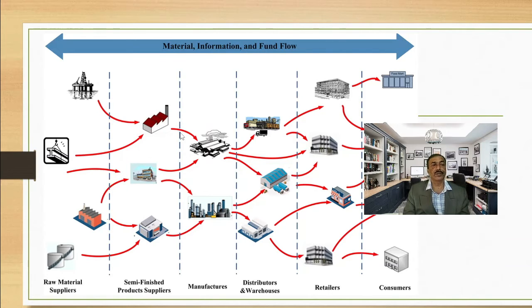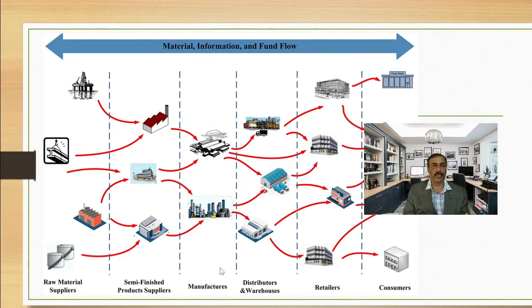Then it goes to the second level of supplier, who will be doing some type of semi-finishing, because all suppliers may not be specializing in every process. So it may go to the suppliers who have the required competency, and then it goes to the final manufacturer.